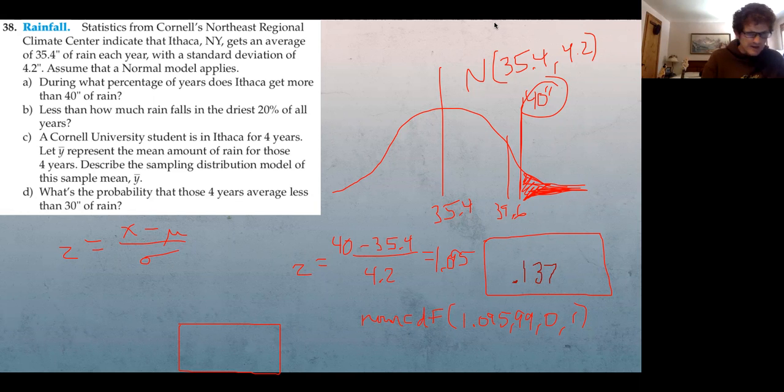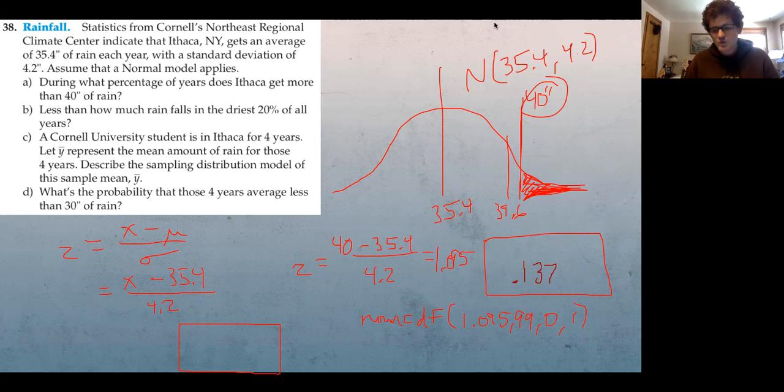Now, the way that you can remember that, going back to review unit 2 a little bit: if you look on the right side, we don't know this x value. That's what we're solving for. We do know the mean is 35.4, and the standard deviation is 4.2. If we don't know everything on the right, we're going to have to use inverse norm to figure out what our percentile and therefore our z-score is going to be.